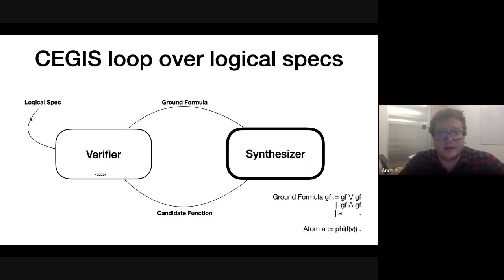We have a logical specification, which is a universally quantified for all x, phi of x and f of x type of thing. We use a CGIS loop, and the tool we focus on is the synthesizer, where you take the logical spec and restrict it onto specific input-output examples.